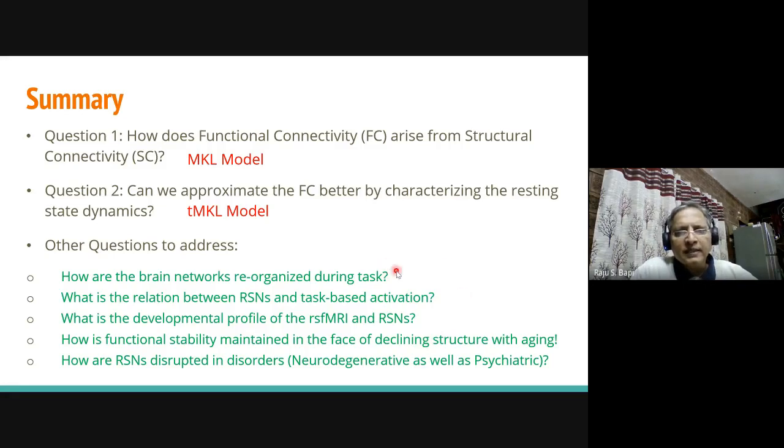There is work progressing along these lines with other students now. We are also looking at graph convolutional neural networks as a basis for structure function characterization recently.